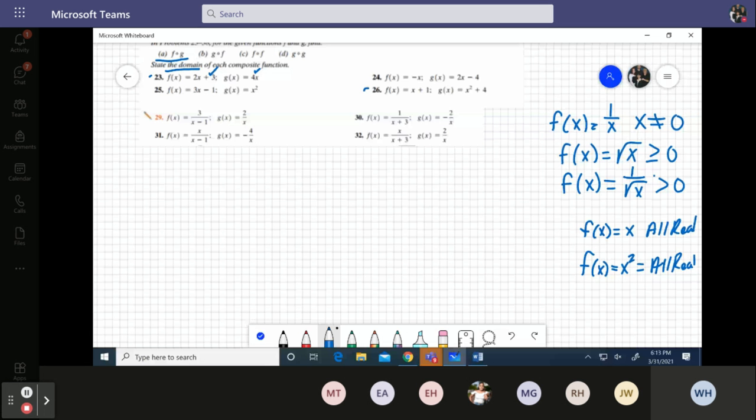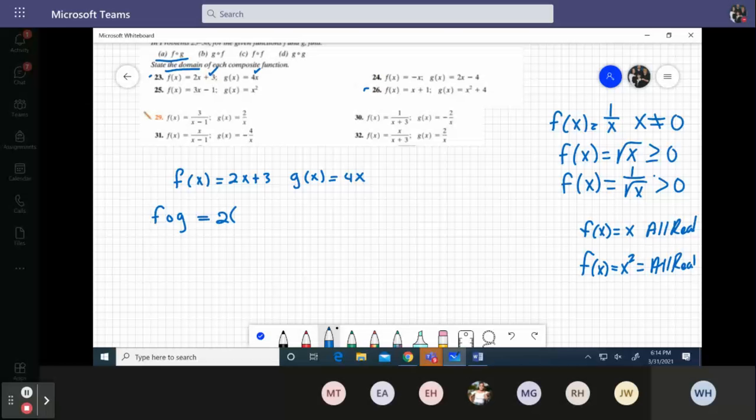So if I have f of x is equal to 2x plus 3, and g of x is equal to 4x. We started the night out looking at this kind of problem. If I need f of g, that means g is going into f, right? So I'm going to write f, dropping out that x.